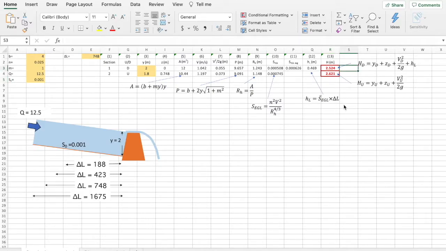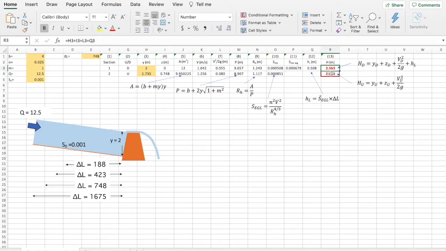Since the total energy head at the downstream should be equal to the total energy head at the upstream, but now these two values are different, we still need to guess the water depth at section 2. After several tries, we can determine that this value should be 1.735.